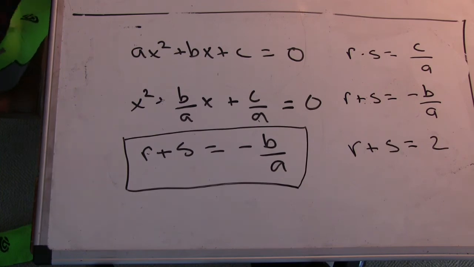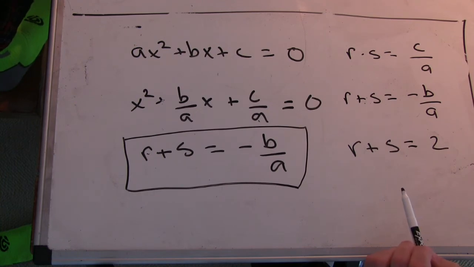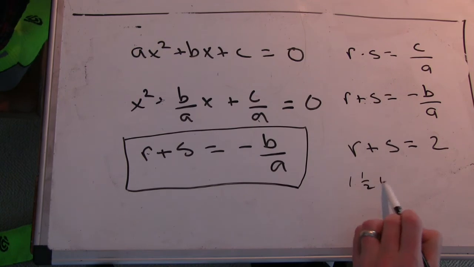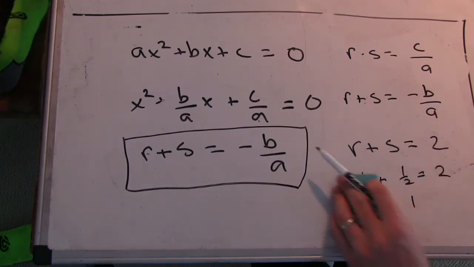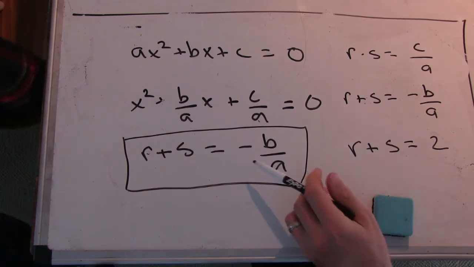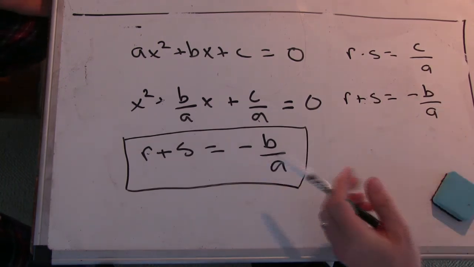There are multiple pairs of numbers that can add to 2: 1 plus 1, or 1.5 plus a half. So I can't solve it just from this equation all by itself.